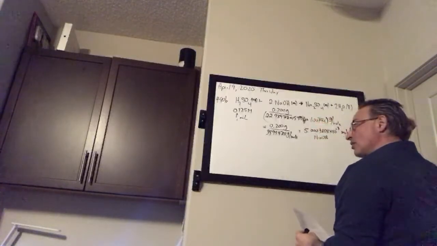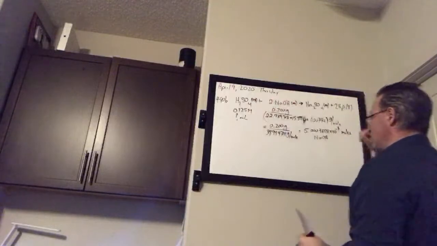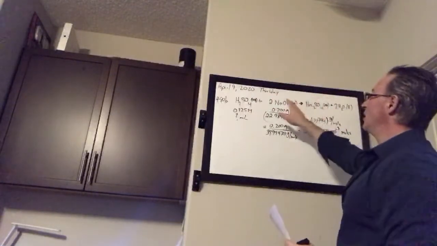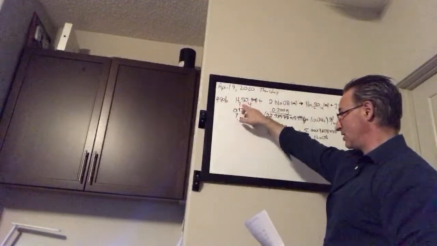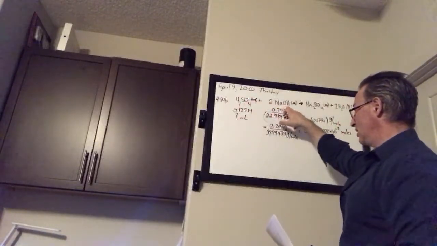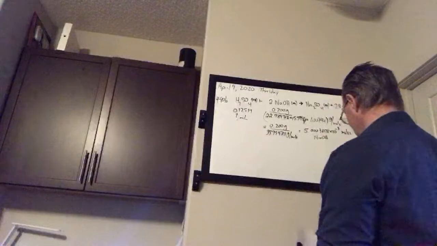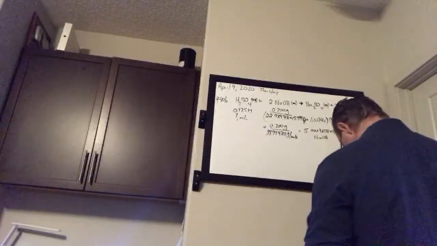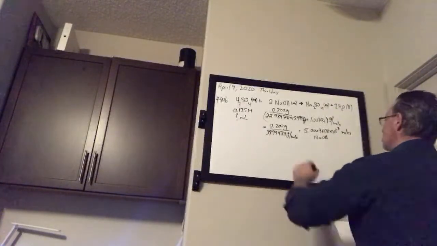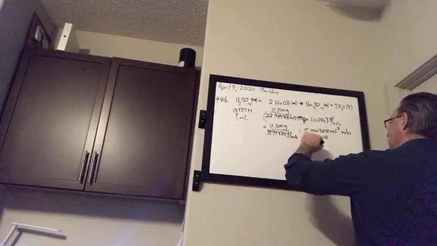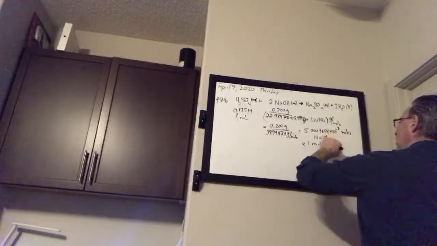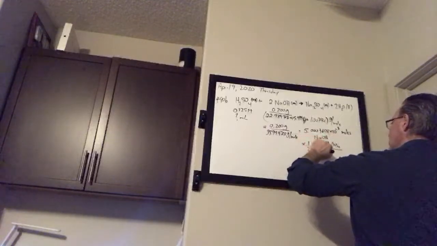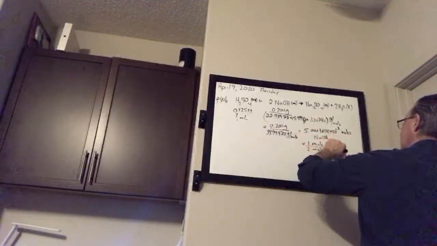Now, there's a 1 to 2 stoichiometry. So for every 2 moles of NaOH, you only need 1 mole of sulfuric acid, because sulfuric acid is diprotic and hydroxide only has 1 hydroxide group. So we're going to say times 1 mole H2SO4 divided for every 2 moles of NaOH.